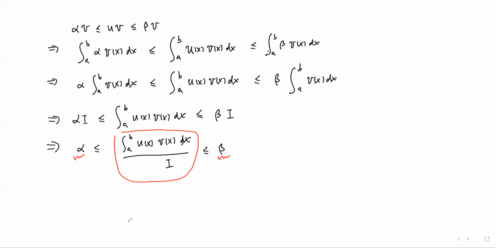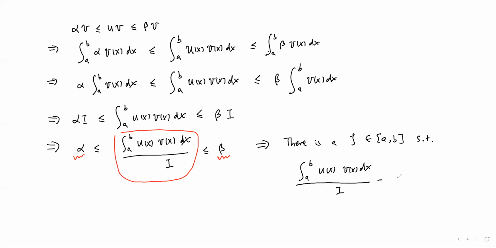So therefore, there is a point psi in the closed interval such that this number between maximum and minimum is equal to U of psi.